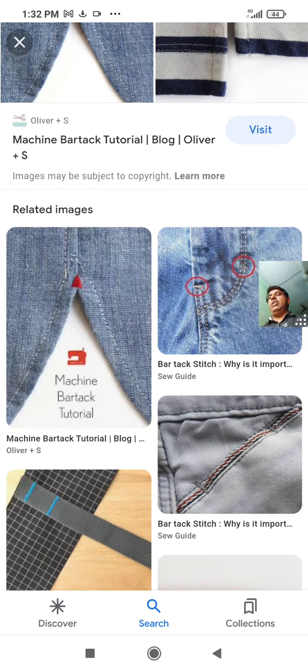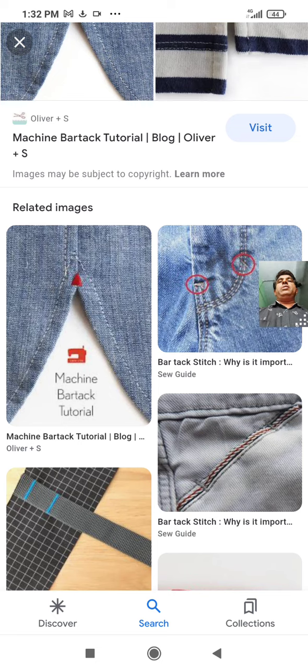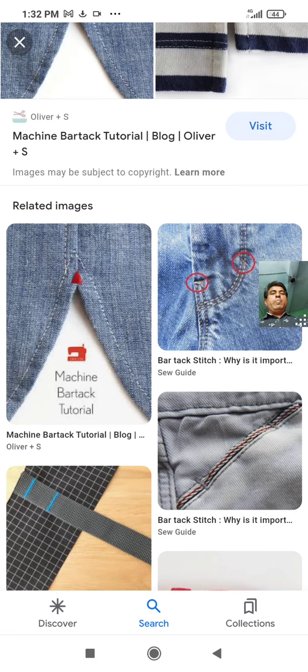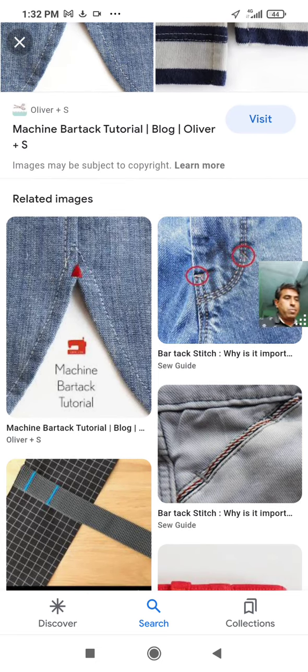So now we will study about design problems. Many potential zipper problems can be avoided at the garment design level.